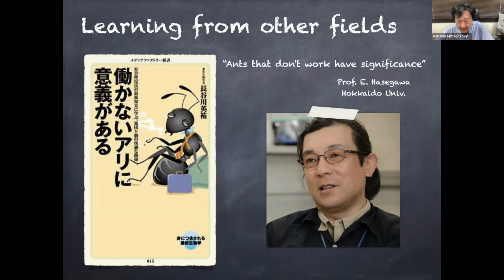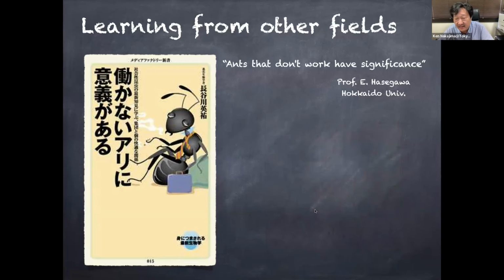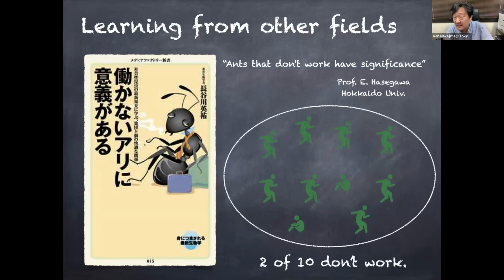But this professor at Hokkaido University did a survey on the society of ants. And when he looked at some colonies, he always found that 20% of the ants don't work. And the rest, 80%, are working.